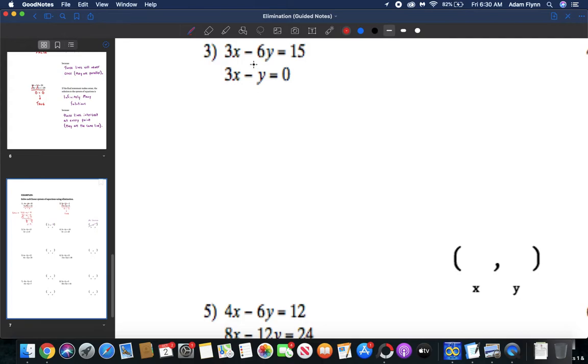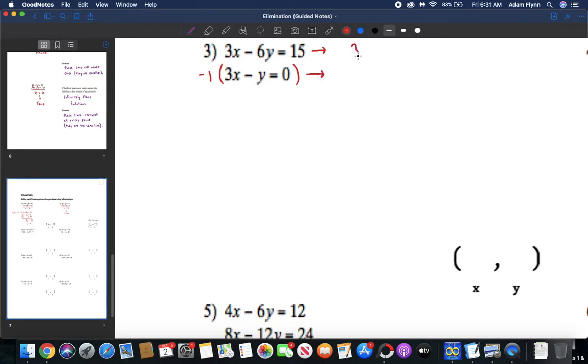So what I need to do is make one of these negative, which means I need to scale either my top or my bottom equation by a negative 1. So how about I scale the bottom equation by negative 1.